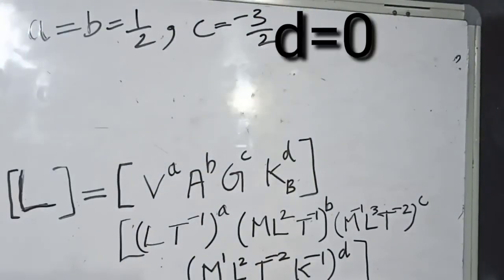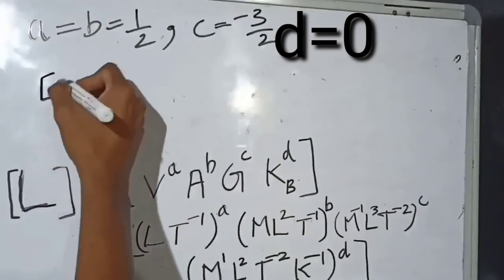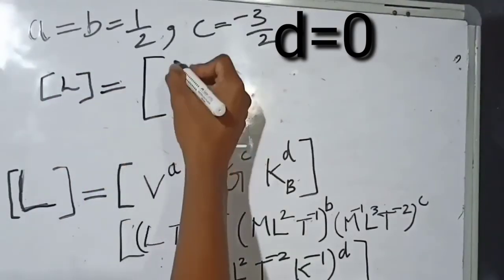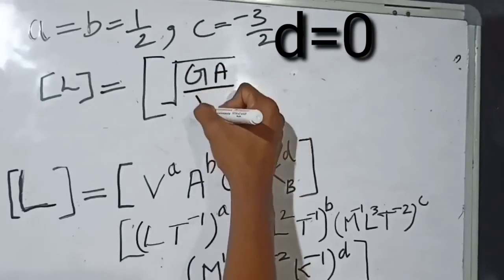On putting these values back into our equation, we get the derived dimension L as root of G h cross over c cubed.